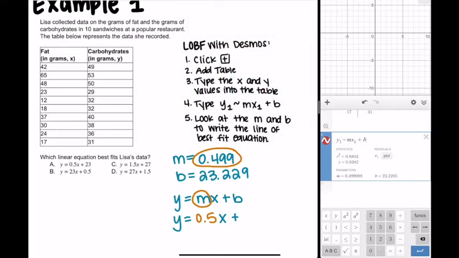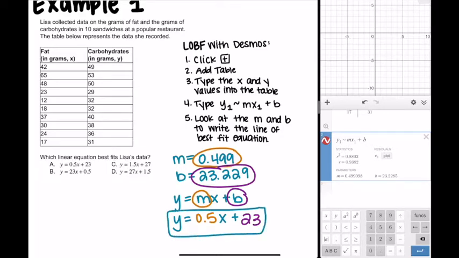And our b value was about 23. And that is where our final equation comes from. So y equals 0.5x plus 23.